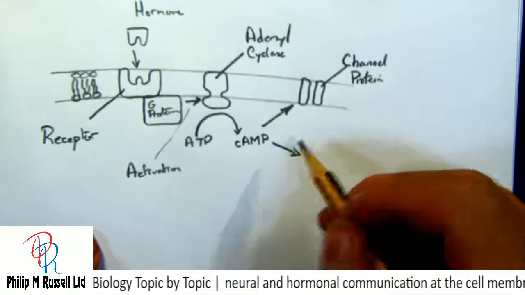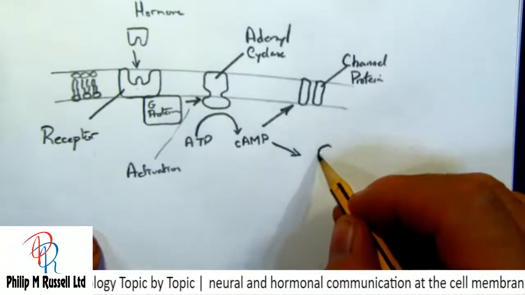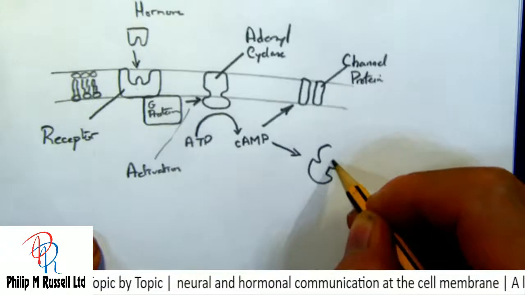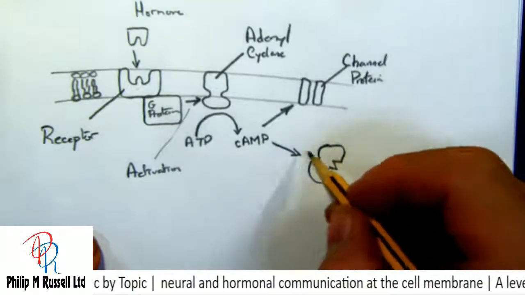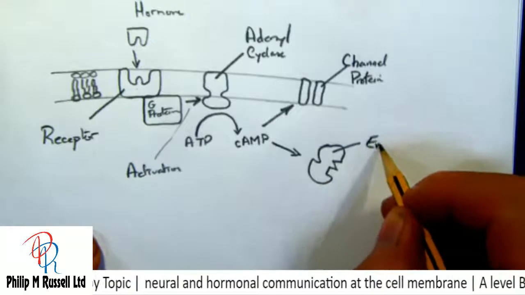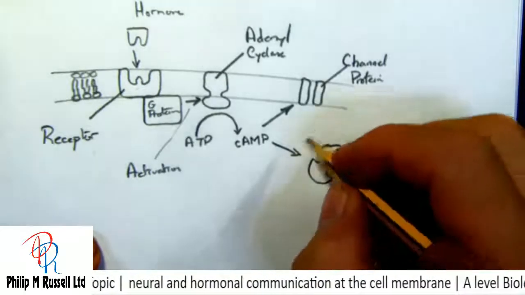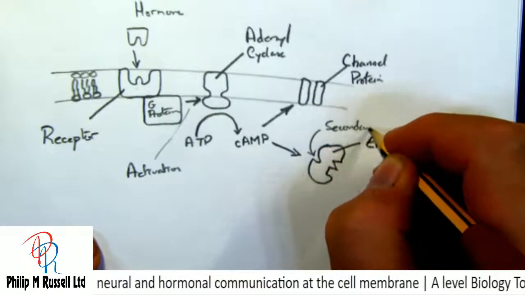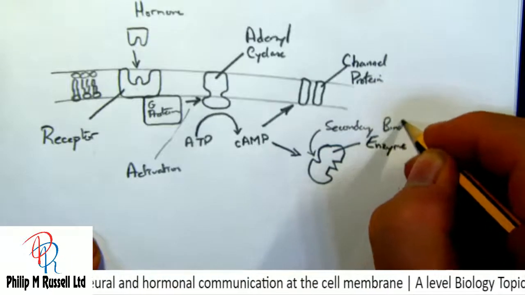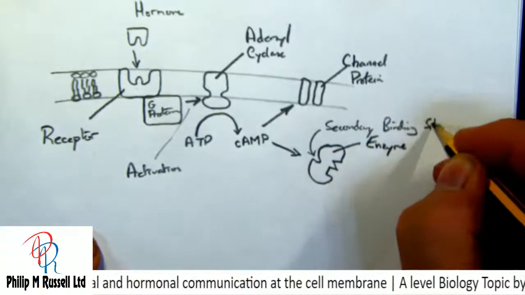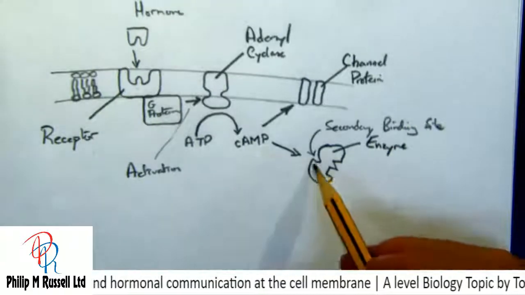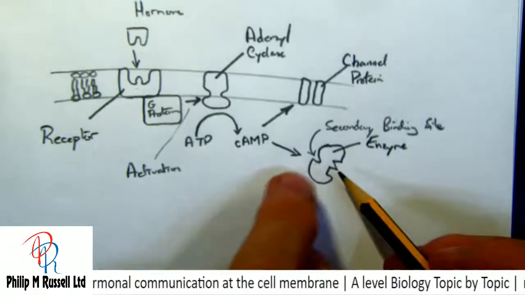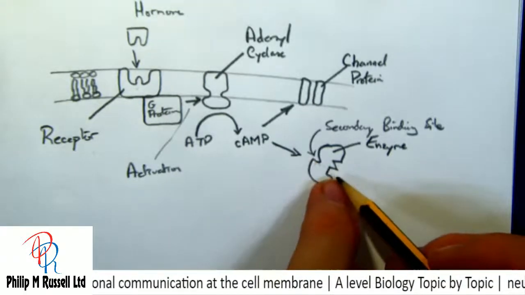Or the cyclic AMP could in fact bind to some sort of enzyme, and here we've got some sort of secondary binding site, and the cAMP will bind to that and cause a conformational change in this enzyme.